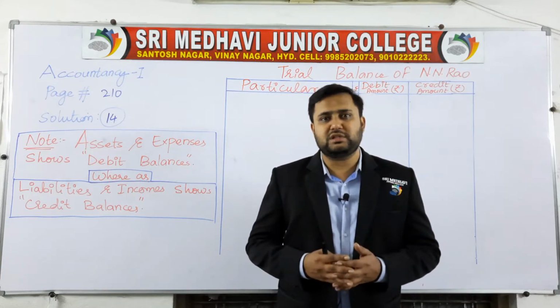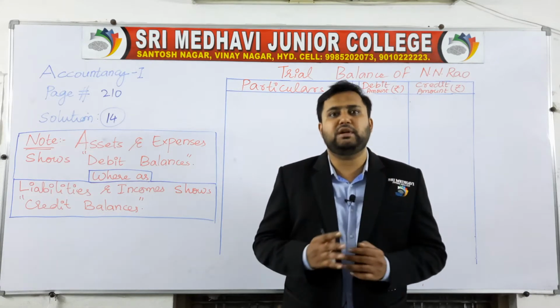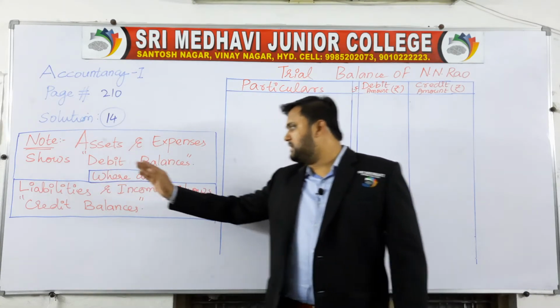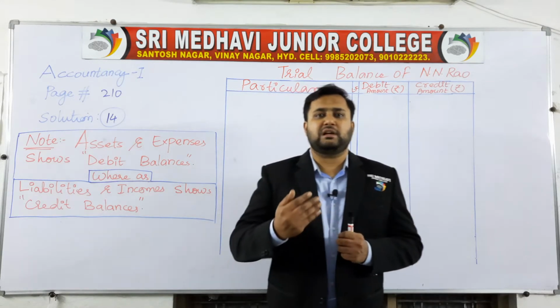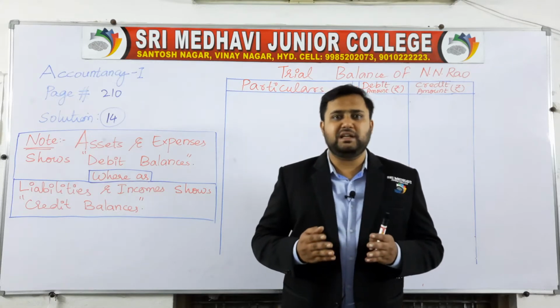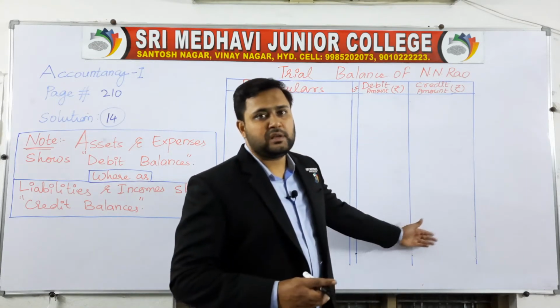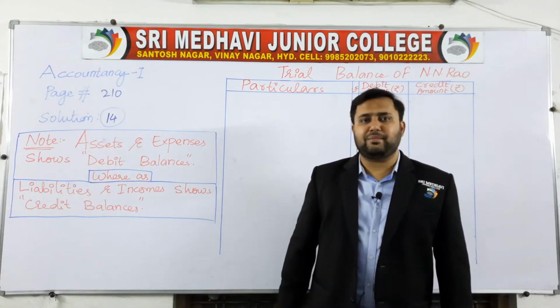Whereas liabilities and incomes show credit balances, so whenever you find liabilities or incomes in a question, you have to write that amount in the credit column. These 2 points you have to keep in mind before solving any trial balance problem.